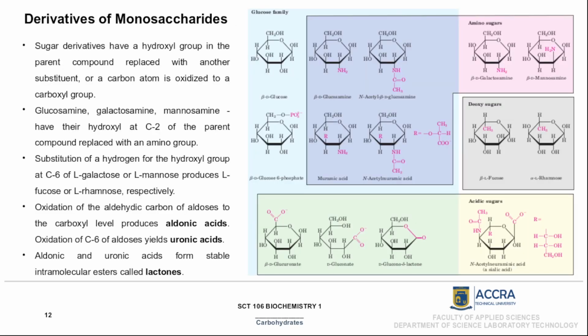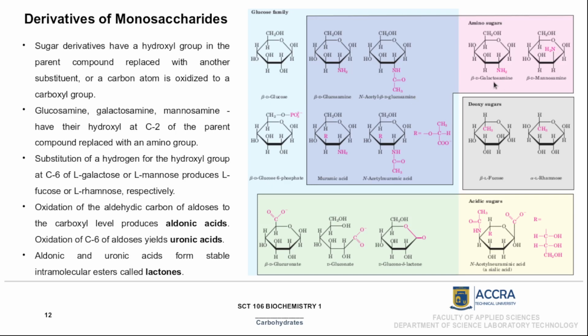Now let's go further to look at derivatives of monosaccharides, as we earlier mentioned about bulky groups that may come in to substitute some of the hydroxyl groups on any of the carbon atoms. If you take the parent molecule glucose here and do a comparison, you find that in glucosamine, for instance, the hydroxyl group on carbon number 2 is replaced by the amine group.